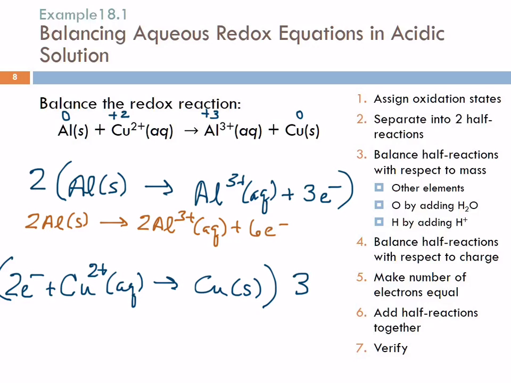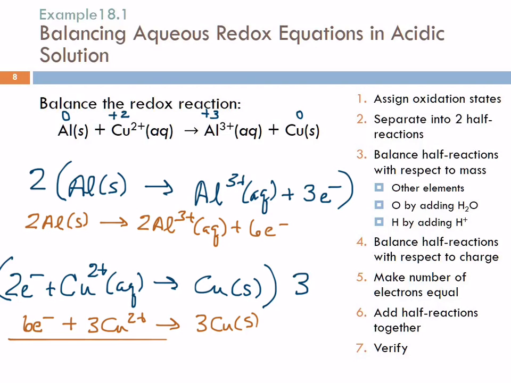And over here, I'm going to have 6 electrons plus 3 copper ions going to 3 copper atoms. When I add the two orange equations together, this one has 6 electrons as a product, this one has 6 electrons as a reactant. Those are going to cancel out.